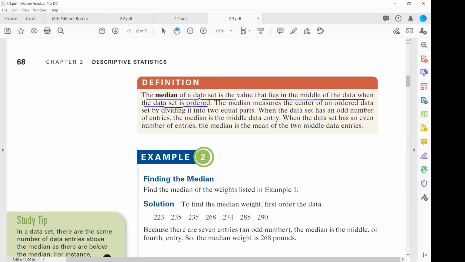So first, you have to list the data. You have to write them from smallest to largest or largest to smallest. Then we find the middle value.